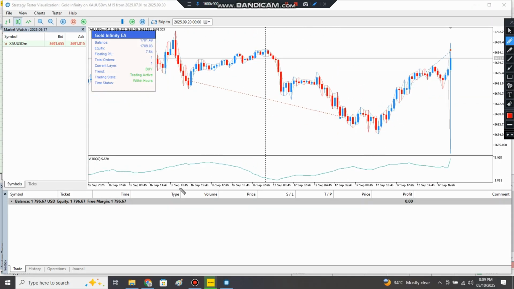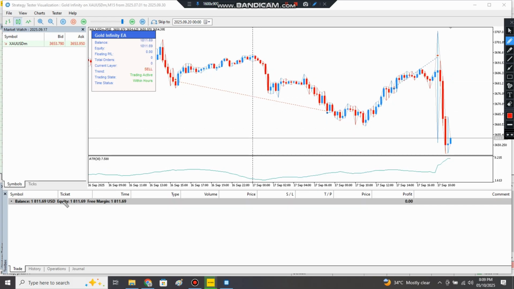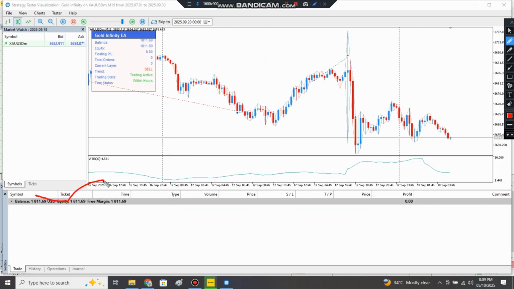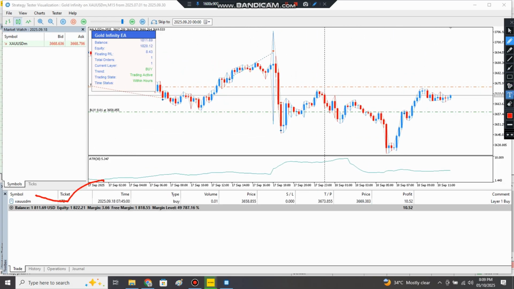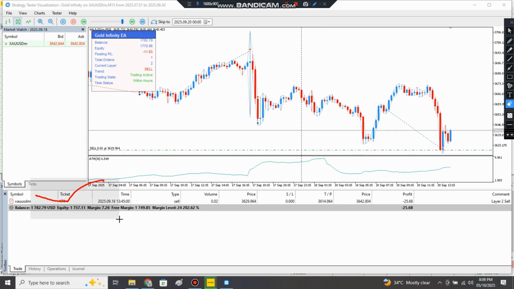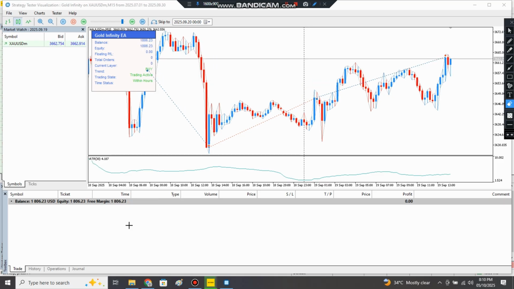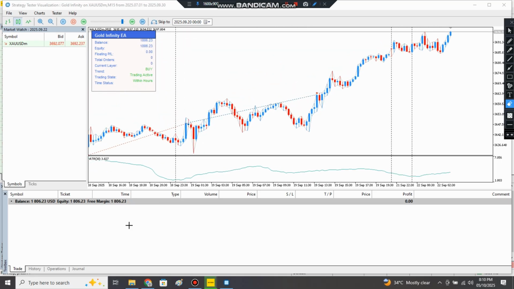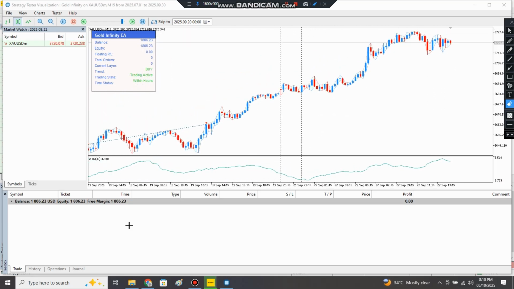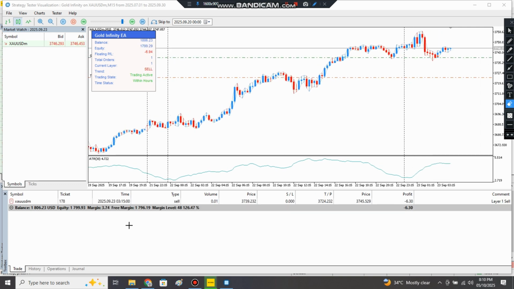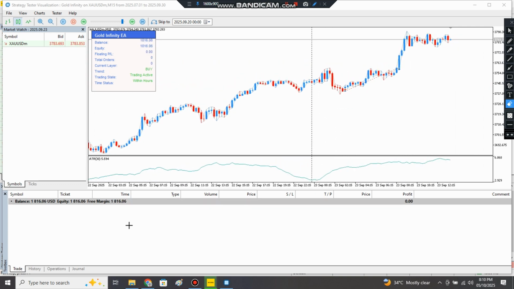In this backtest, we're using every tick based on real ticks, which gives us the most accurate simulation possible. This means every price movement is replicated exactly as it happened in the live market. That's why the results you'll see are very close to what you can expect in a real trading account.